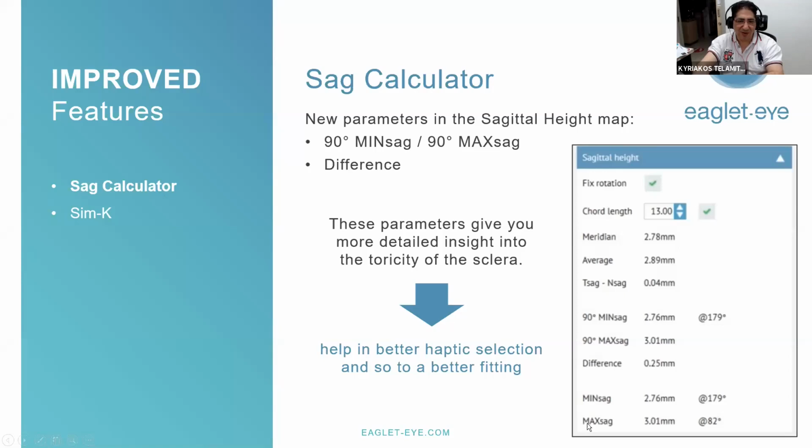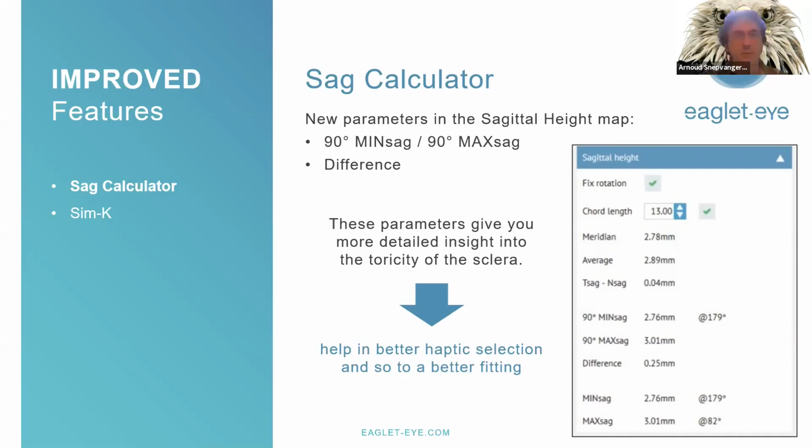So the value that you show now may not have a 90-degree difference. What you see on the bottom are the values finding the flattest meridian as well as the steepest meridian. That might be orthogonal, but it does not have to be. For most eyes, you will find it's very close to 90 degrees difference, but for some it's not.